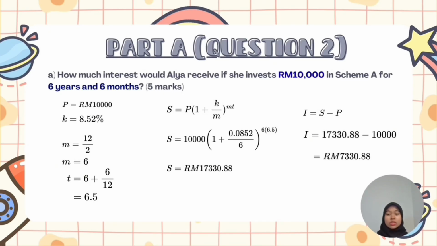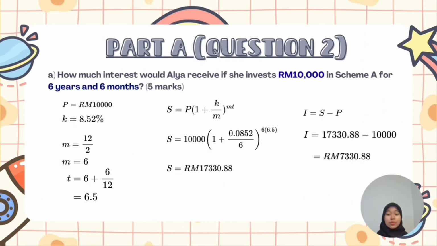So, the K is 0.0852 and the M is 6, because every 2 months, in a year there are 12 months, and when we divide it by 2, it will be 6. So our time T is 6.5 years, because the question says 6 years and 6 months.